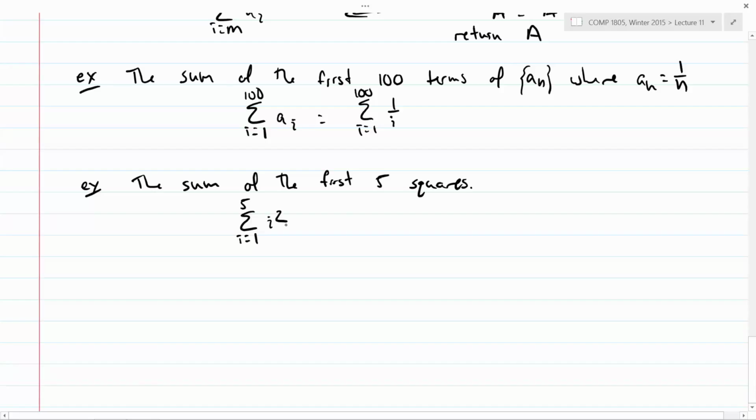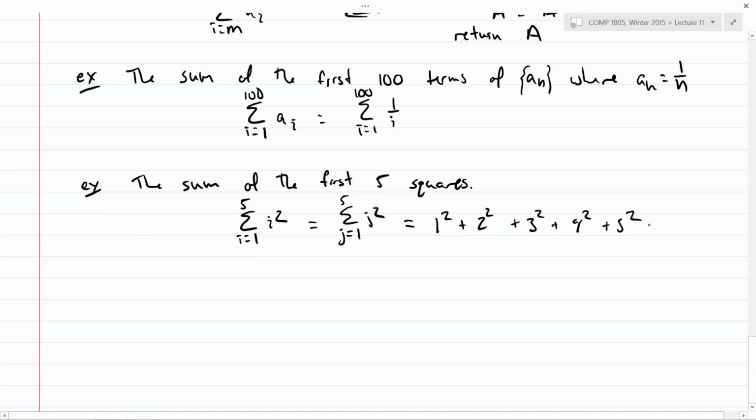All right. One thing I'll remind you of here, this is exactly the same thing if I had said j equals 1 to 5 of j squared. That's completely okay, they're exactly the same thing. If I write this out the long way, this is 1 squared plus 2 squared plus 3 squared plus 4 squared plus 5 squared.